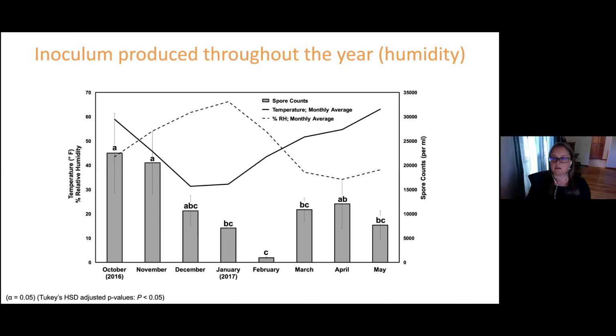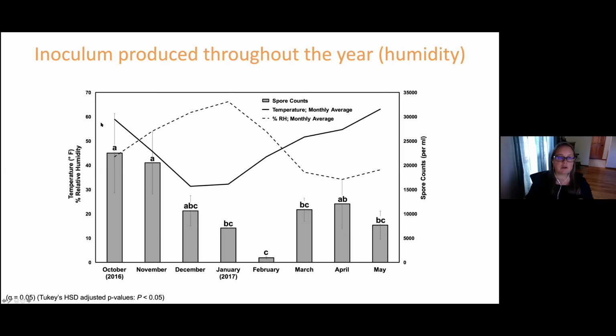Any others? Okay, so this is some data from Orchard Mesa, where for between October and May, we had cankers where we measured spores once a month. On the x-axis we have month from October to May. On this axis we have temperature and relative humidity.